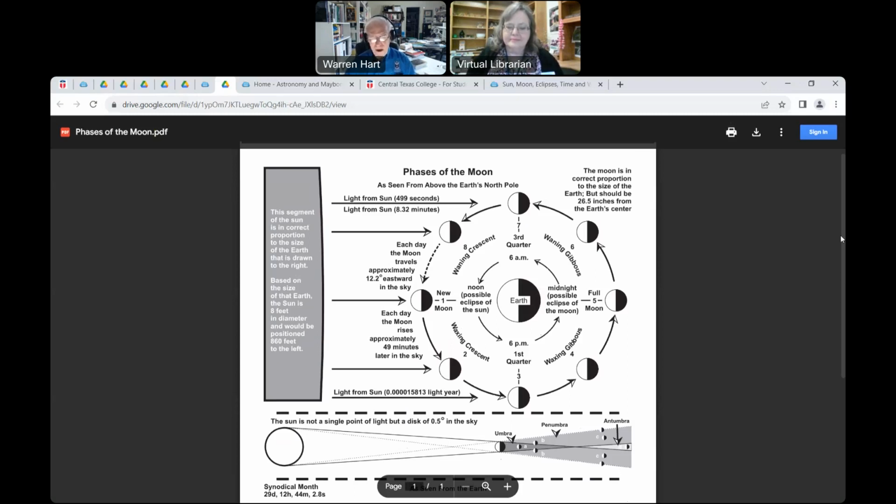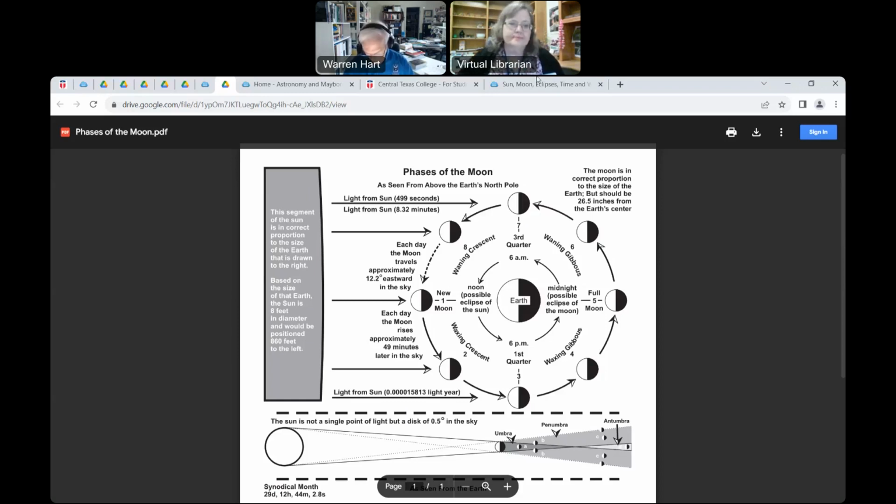So that's why we see the same face of the moon all the time, because as it orbits, the Earth's size and gravity has a control over the moon to keep it pointing toward Earth, that same position. So it goes all the way around, and every time we are seeing virtually the same side of the moon. So that's what we're talking about at this point, with the moon now at our first quarter.